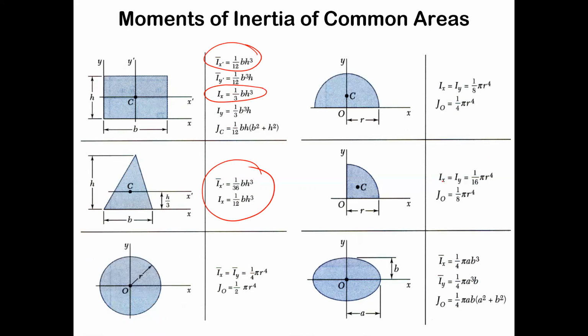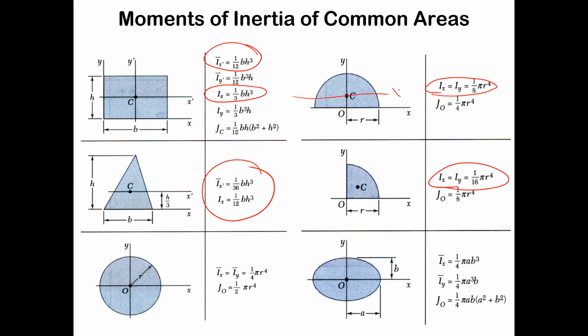Here, they're just specifying Ix, and they're not specifying Ix prime. Here, also, they're only specifying Ix, but they're not telling you the centroid. You can look that up somewhere else, but the question is, if you know Ix, how do you find Ix prime?